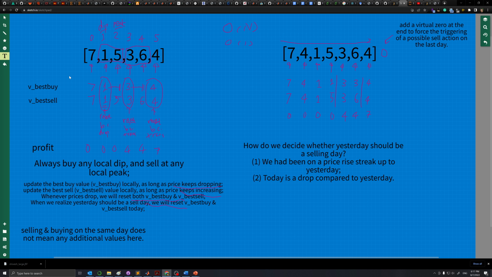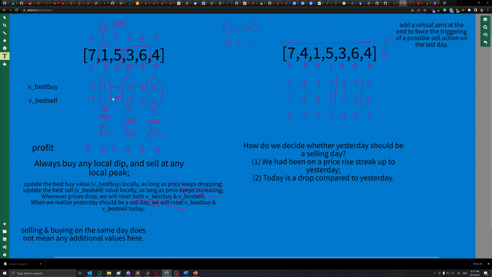So that's what we're doing. To do that, we did a few numerical examples to finalize our thoughts. The final thought is that there are places where we update our V best buy value and V best sell value.